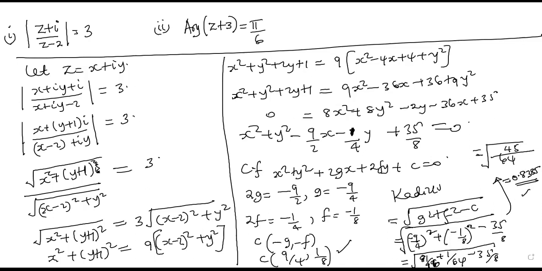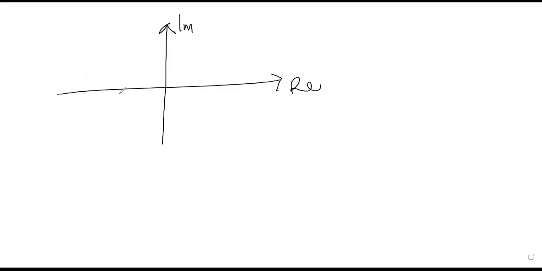So now you can easily sketch a circle with this center and this radius. How do we sketch it? You say this is real, this is imaginary. The center is 9 over 4 and 1/8. So if this is 9 over 4 and this is 1/8, it means that my center is here.